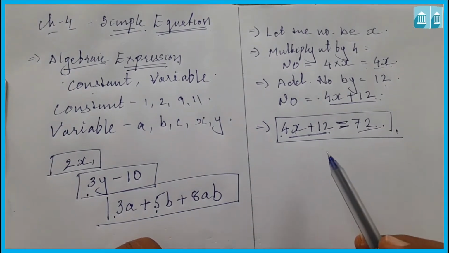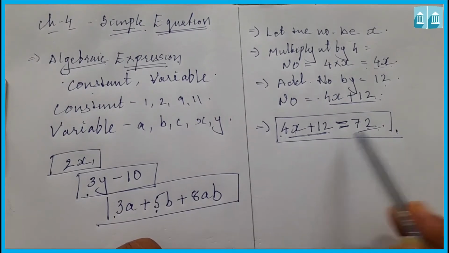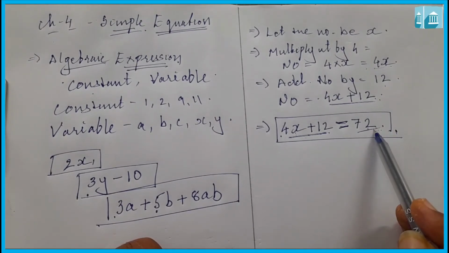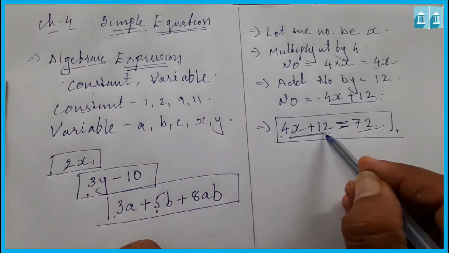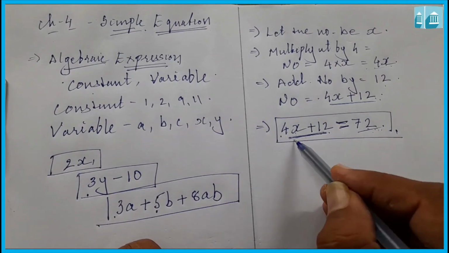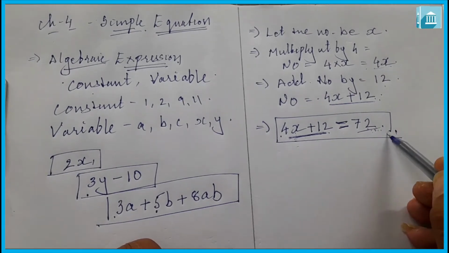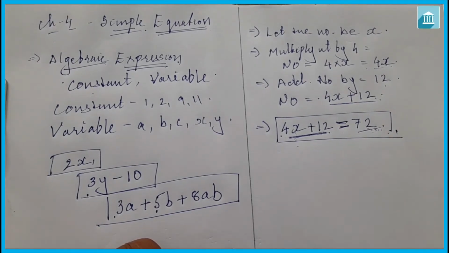So when two expressions have an equal to sign between them, then they are called an equation. If we solve this equation, we will get which number I had thought of. So the solution of the equation will give the number which I had thought in my mind.